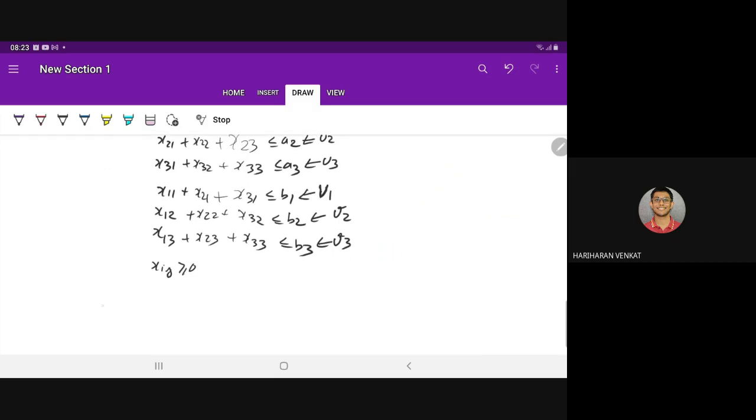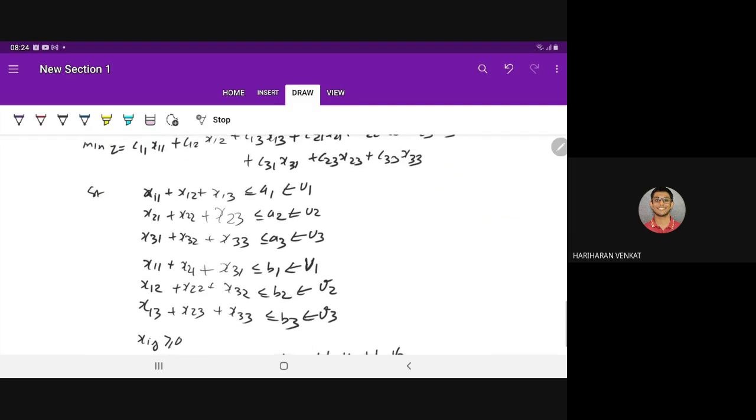So what will be the dual problem? The dual problem will become maximize w equal to a1 u1 plus a2 u2 plus a3 u3 plus b1 v1 plus b2 v2 plus b3 v3, right?